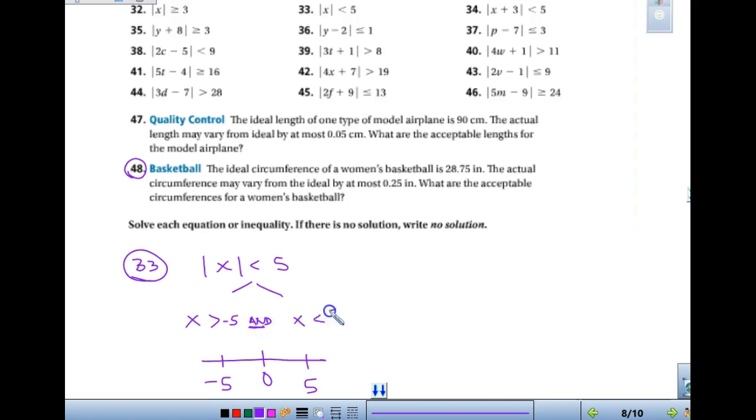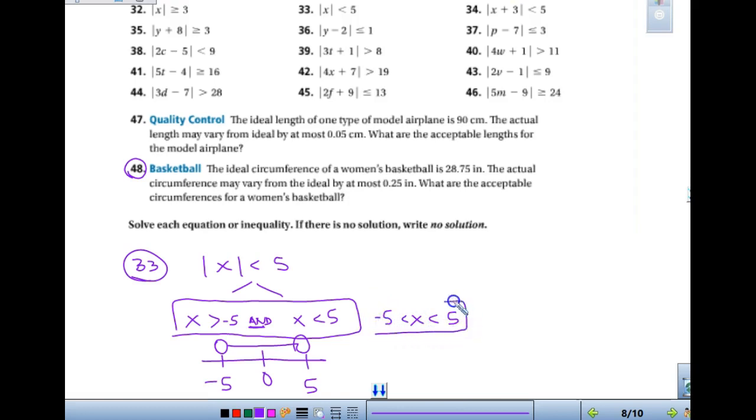Then I'm going to have x less than 5. Open at -5, like we did today with our and, up to open at 5. If you do not like writing it and leaving this answer, I am completely okay if you rewrite it as x less than 5, x is greater than -5.